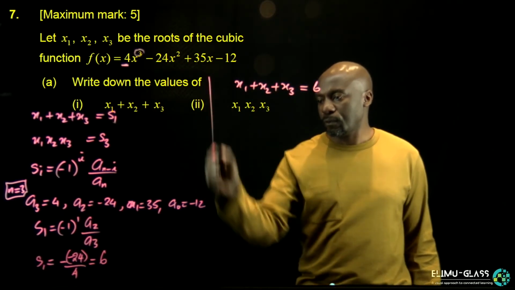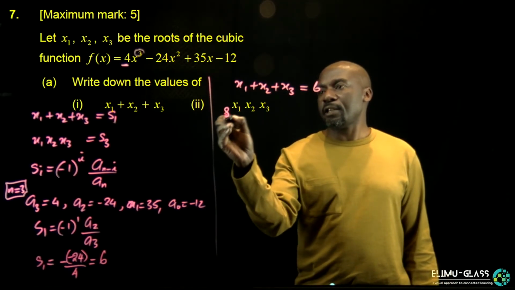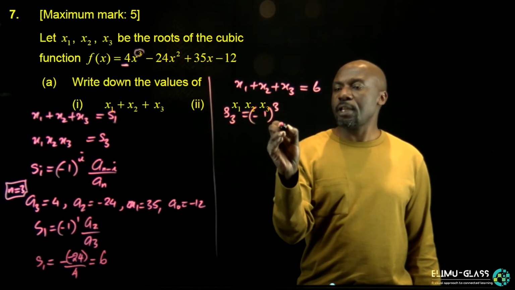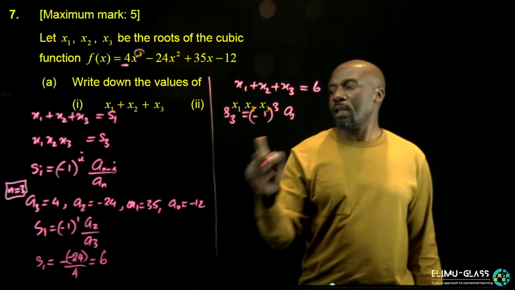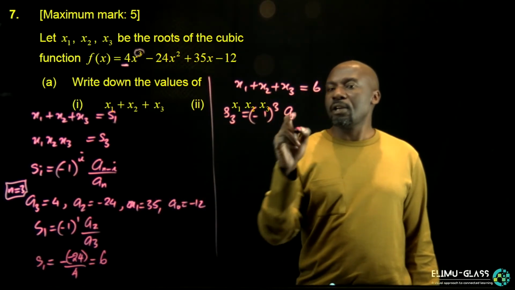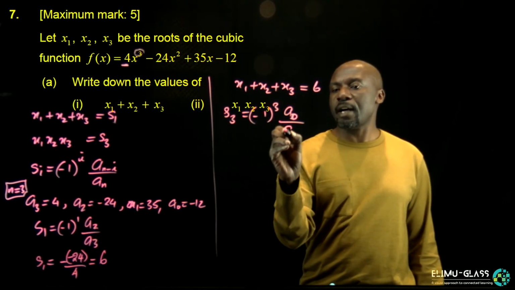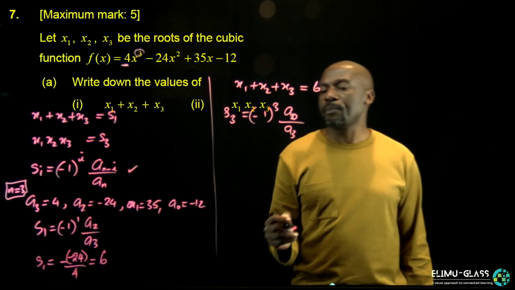Secondly, the product of the roots, S3, is negative 1 to the power of 3 times A(3 minus i), but now our i is 3, so that becomes A0 divided by A3 according to the same rule here.